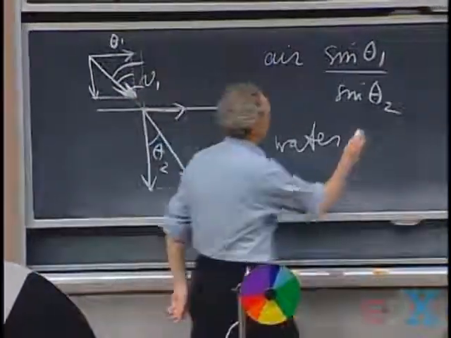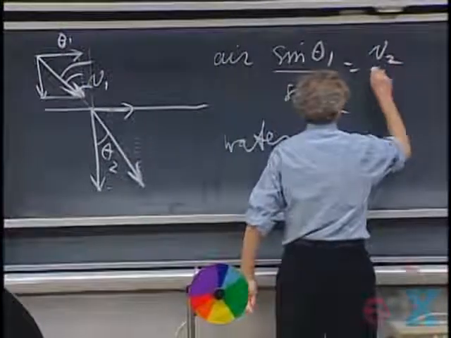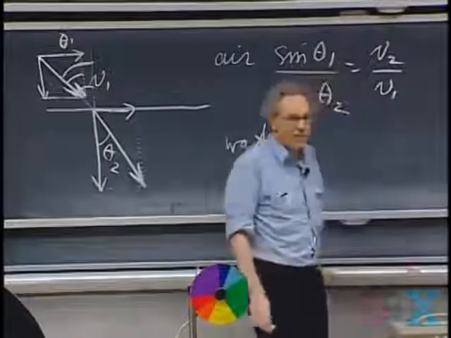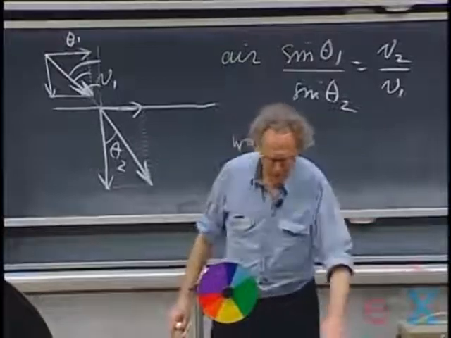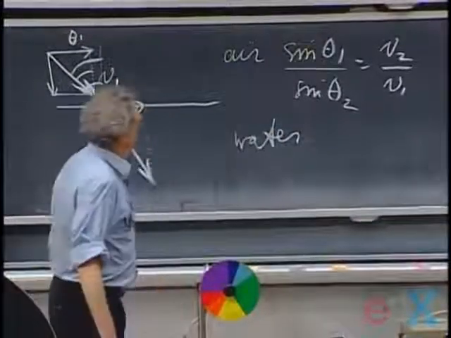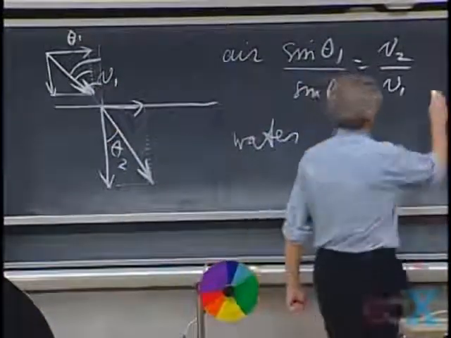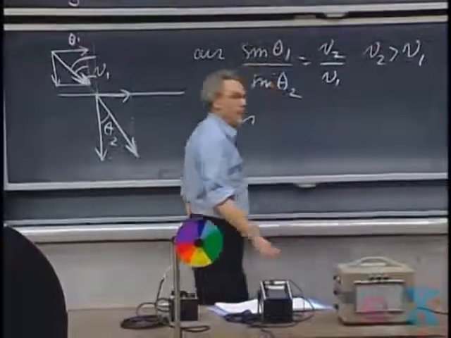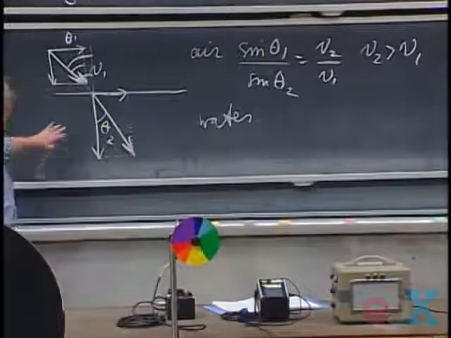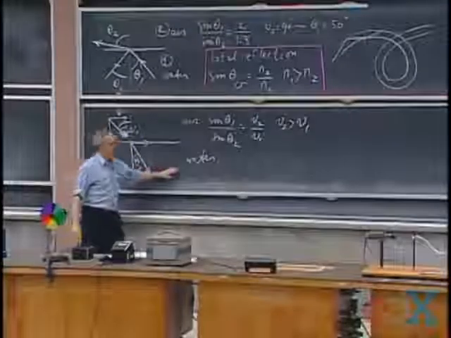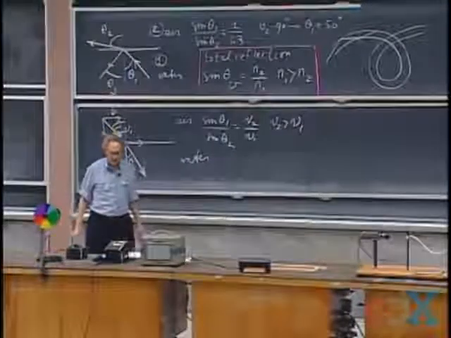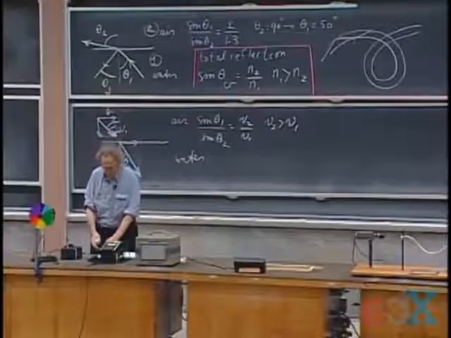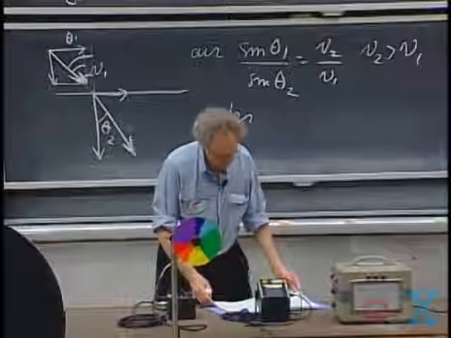And so you immediately find that this ratio is V2 divided by V1. A great victory for Mr. Newton. Except there was one problem, maybe, that it means that V2 is larger than V1. And so Newton argued that the speed of light in water is larger than the speed of light in air. And in glass, of course, it would be even larger.